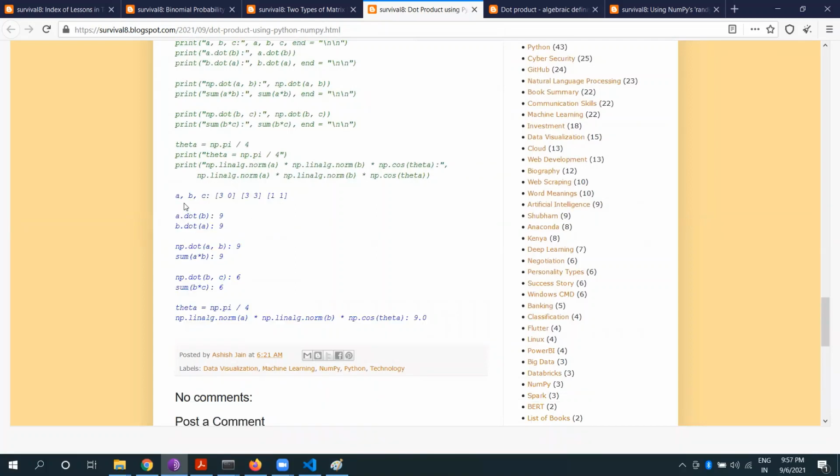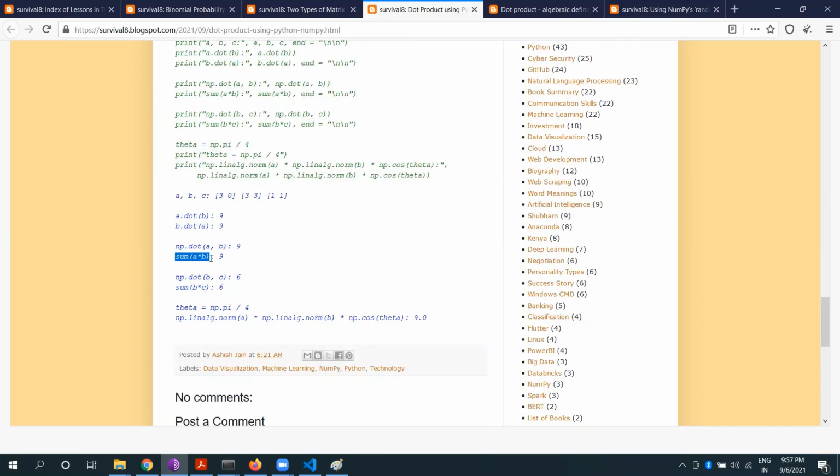Now, if we do A dot B, 3, 0 dot 3, 3: 0 times 3 would return 0, plus 3 times 3. This is one of the ways to understand how dot works in one dimension. This is for 1D vectors.